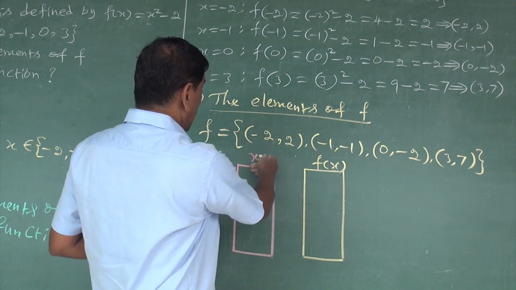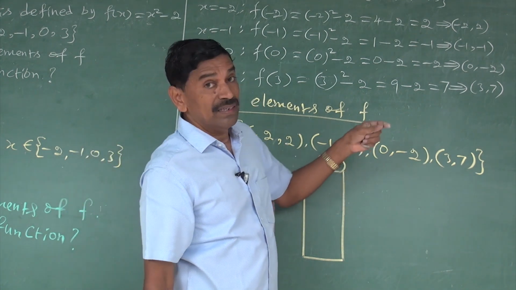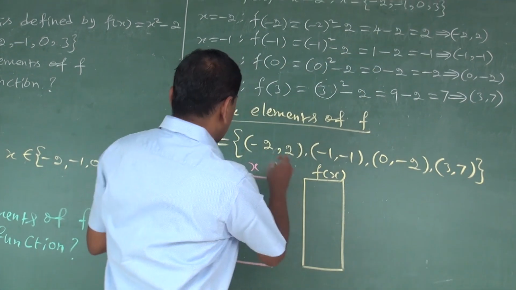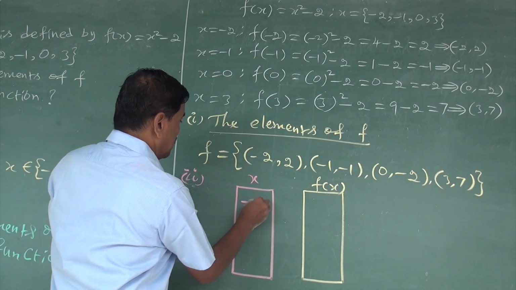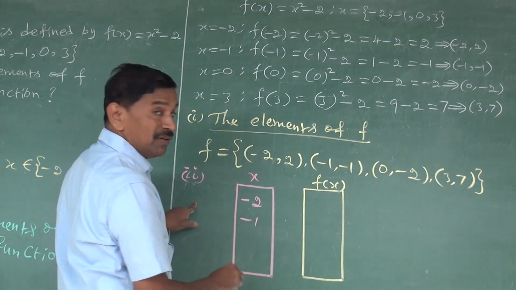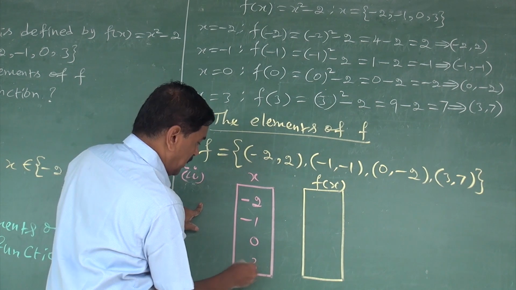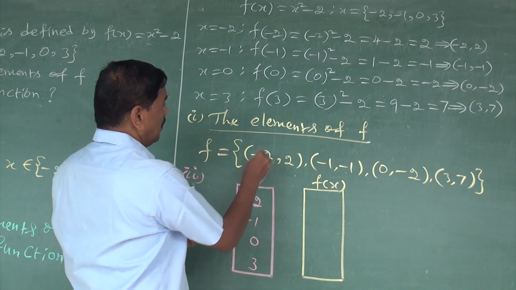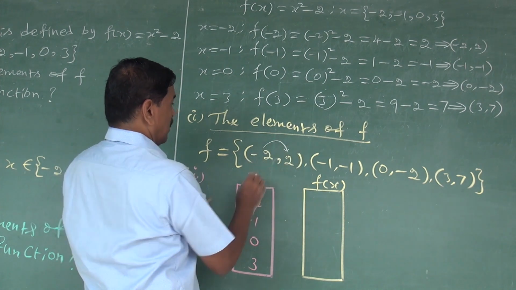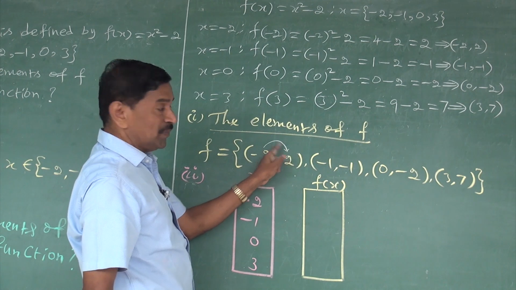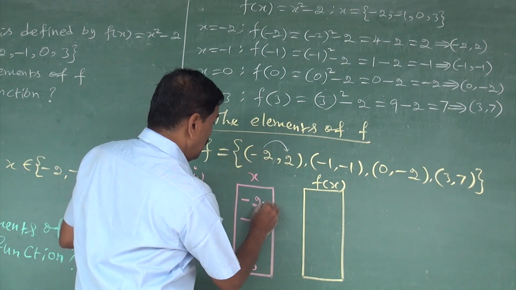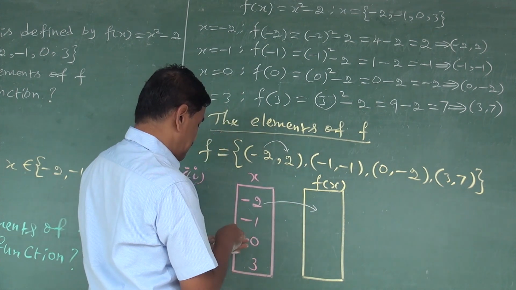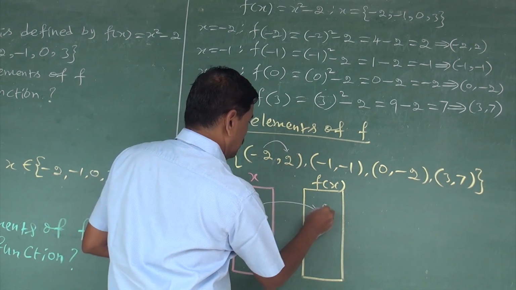Here x can take the elements minus 2 comma minus 1 comma 0 comma 3. Now remember the technique: minus 2's image is 2.